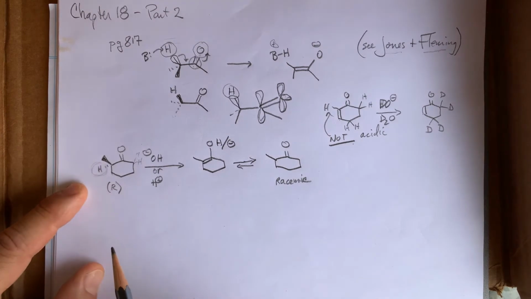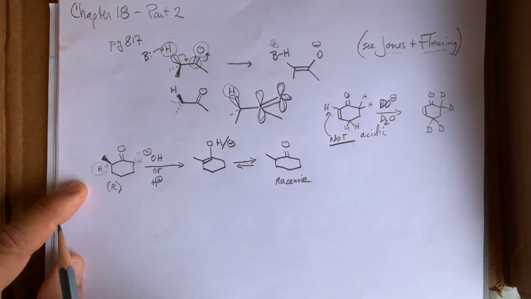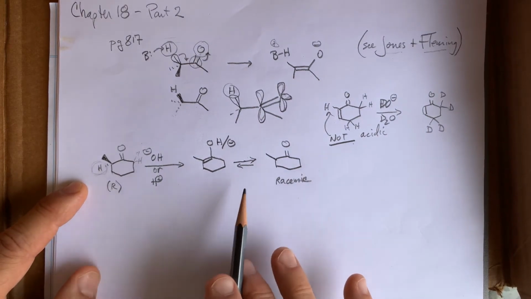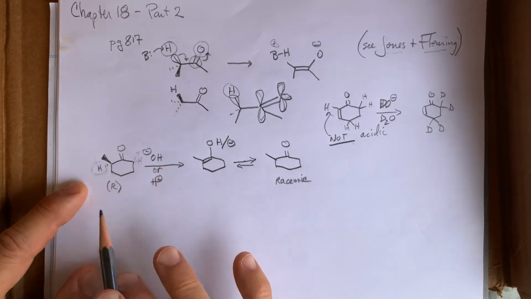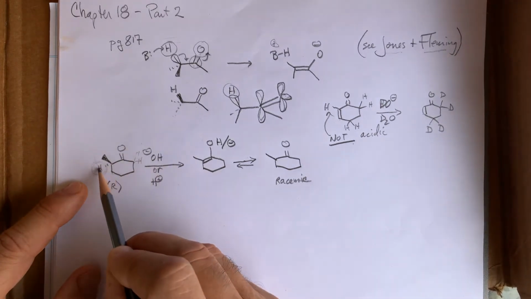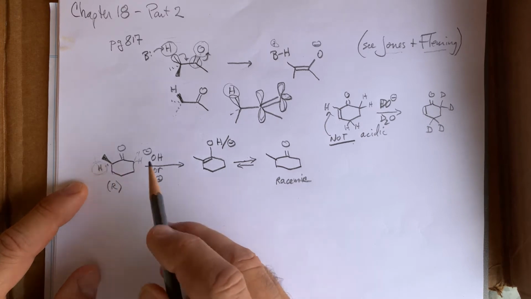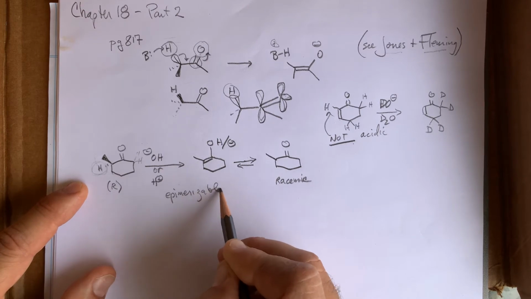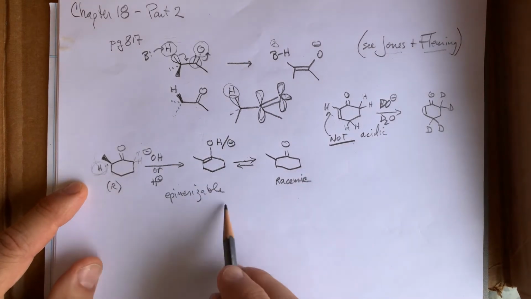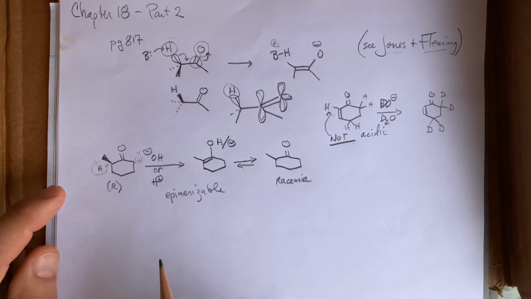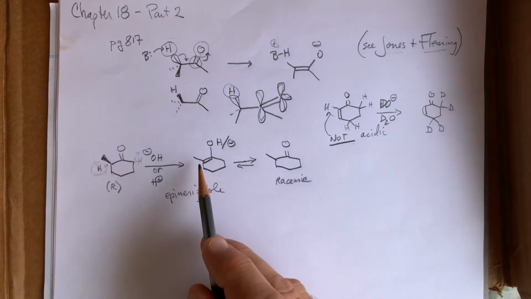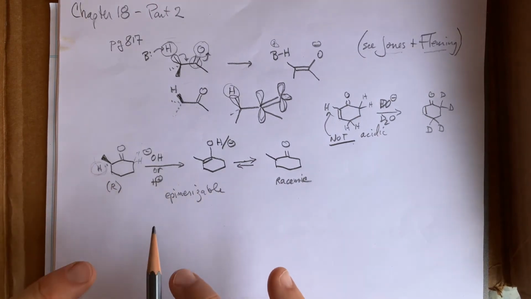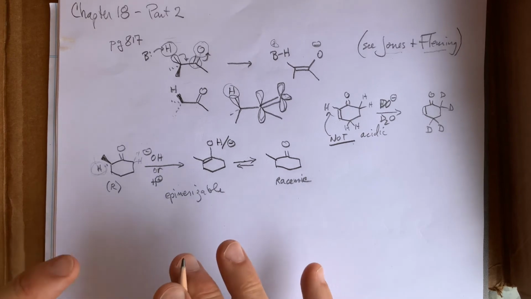If you had prepared this carefully and made it R, and there are ways to do that, and you treat it with acid or base, you will racemize this stereocenter, because this stereocenter is epimerizable. You'll find that term in your textbook. Proton off, proton on, so that's something to be concerned about in some cases.